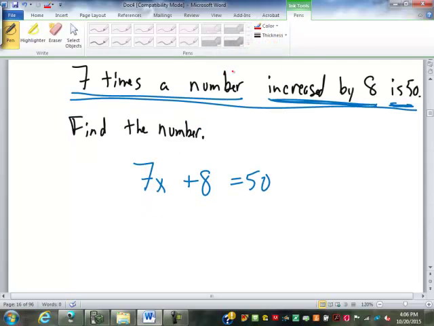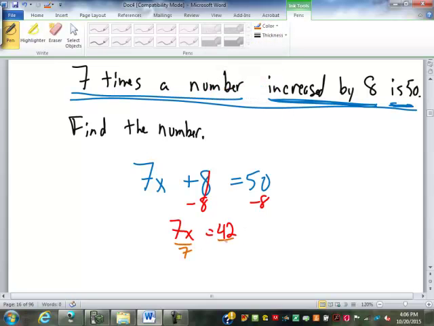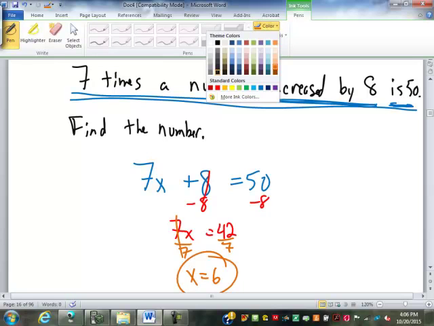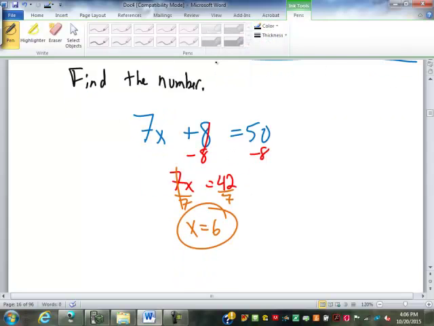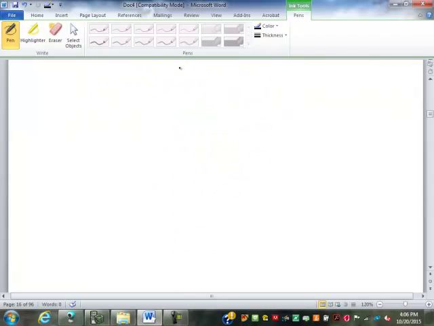Solving from there, what do we have to do? Subtract 8. So 7x equals 42, divided by 7. So x equals 6. The number is 6. Any questions on that one? A little bit simpler than the other word problem, huh?